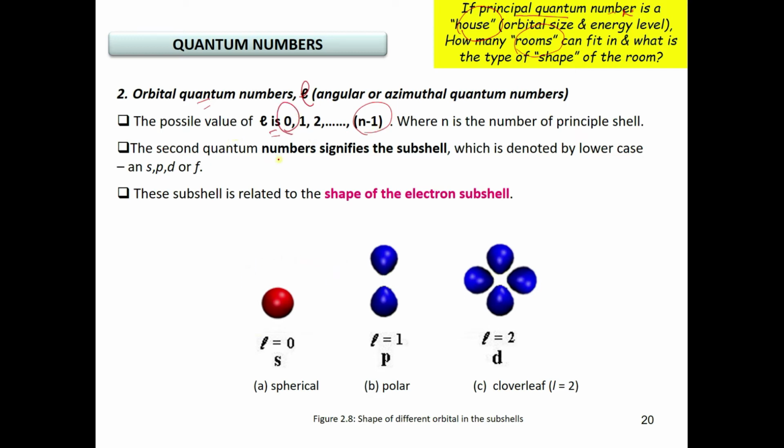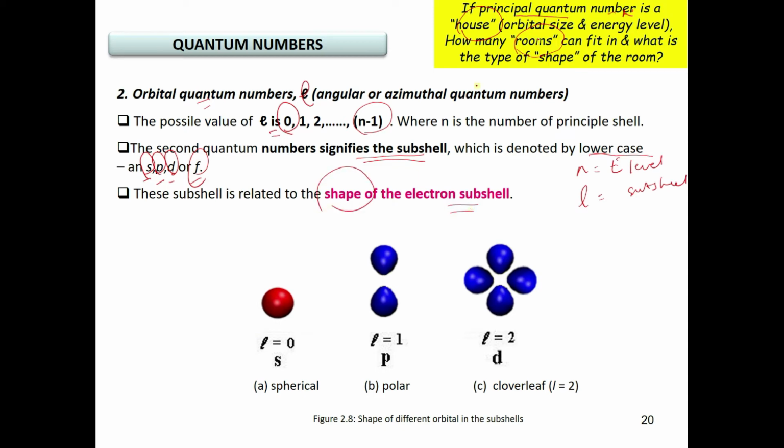The second quantum number signifies the subshell, which is also denoted by lowercase letters s, p, d, f. N is the energy level or energy shell, and this orbital quantum number L is the subshell, which is related to the shape of the electron subshell.